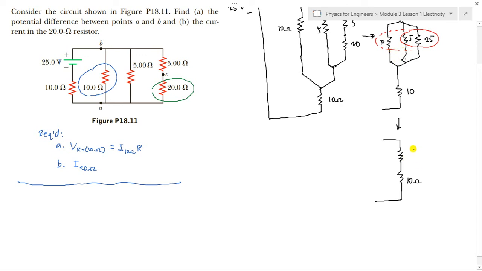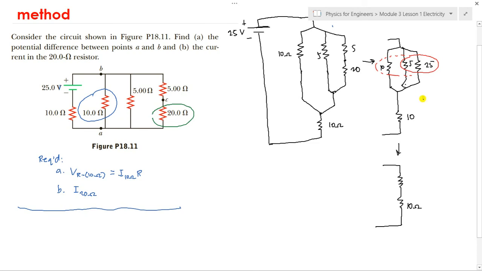So solving for the R total there, we're going to use 1 over R total equivalent, that is 1 over 10 plus 1 over 5 plus 1 over 25.